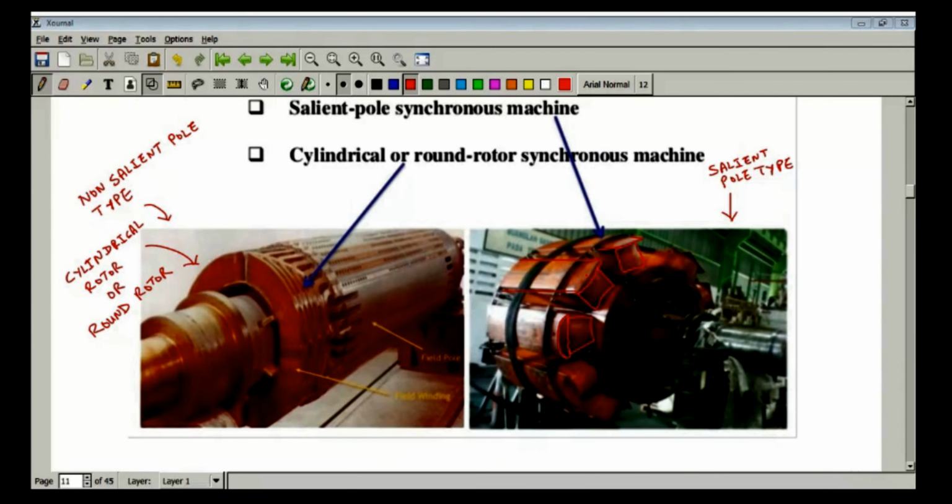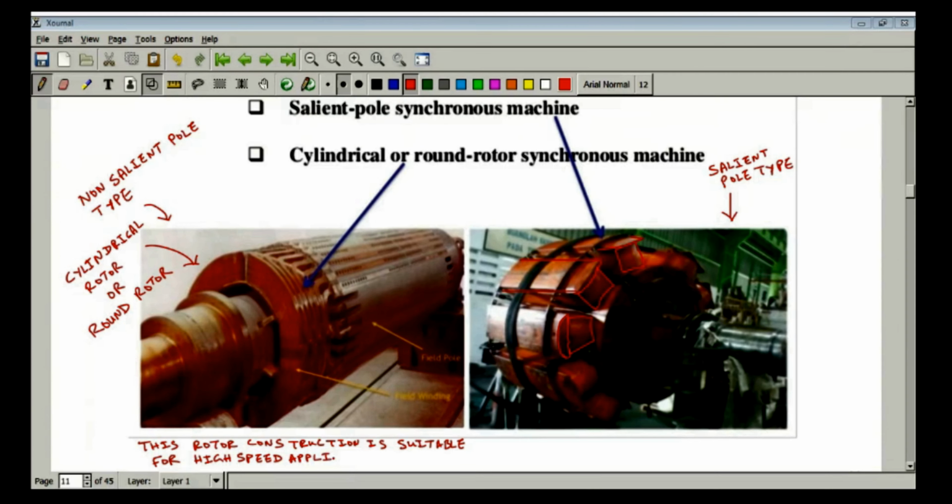Now we are required to make certain conclusions between these two. This is used in thermal power station. This rotor construction is suitable for high speed application.